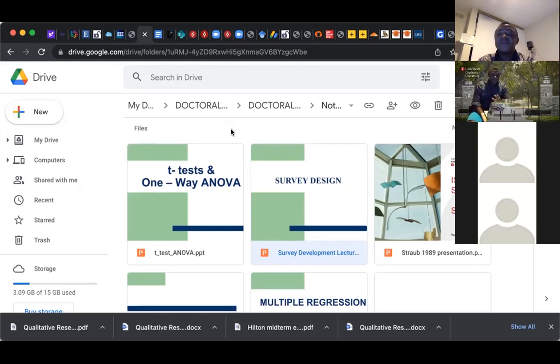So I hope the clarification I made at the beginning is very clear about when to choose a positivist study, a positivist quantitative research method.